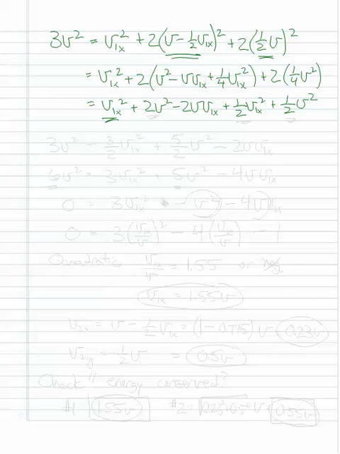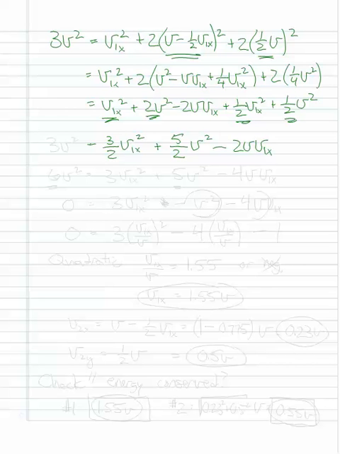And so I'll combine this term and that term, and I'll get 3/2 v1x squared. I'll combine this one and this one. Let's see, 4/2, 5/2 v squared. Okay, minus 2v v1x.